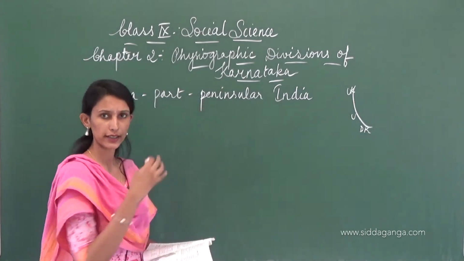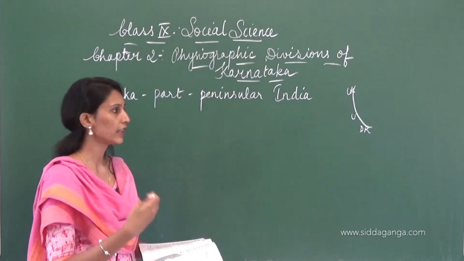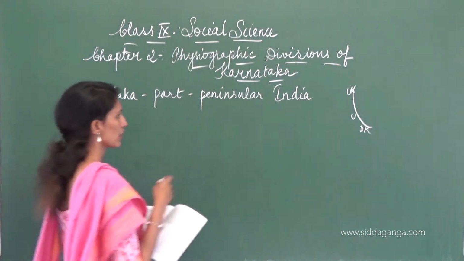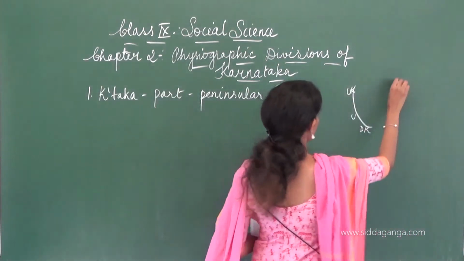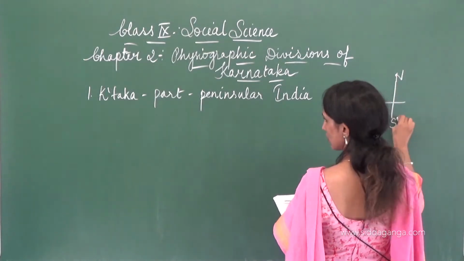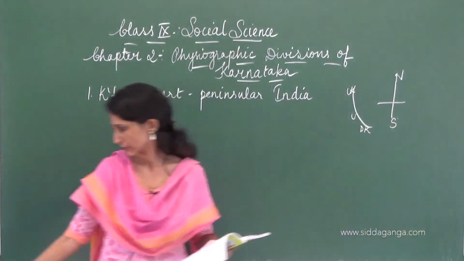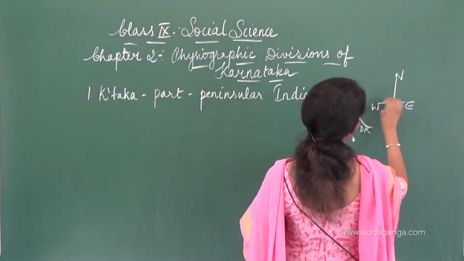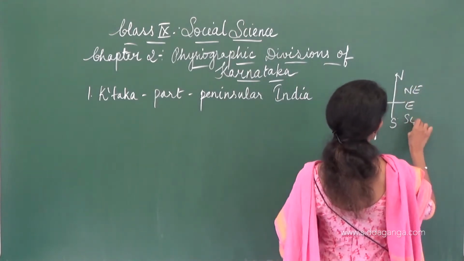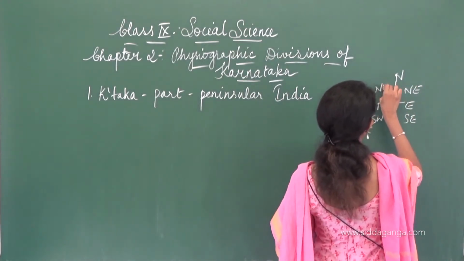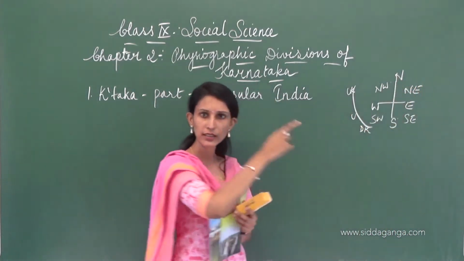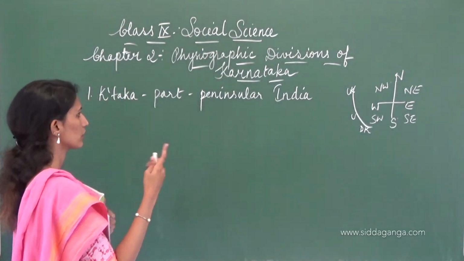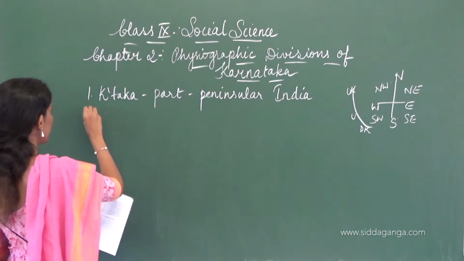Karnataka is a part of peninsular India which is covered by water. Now, let me put the map for you here. North, south, east, west and the remaining directions. Correct. Next point.